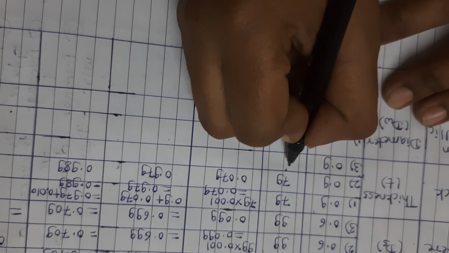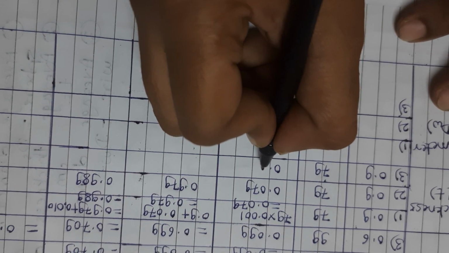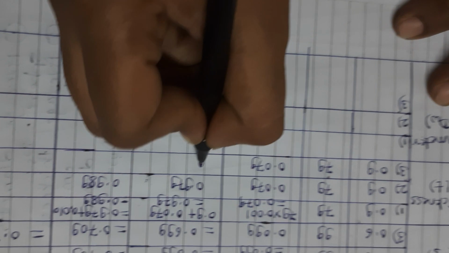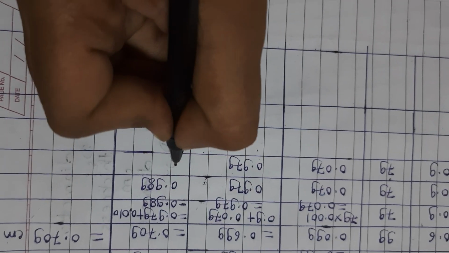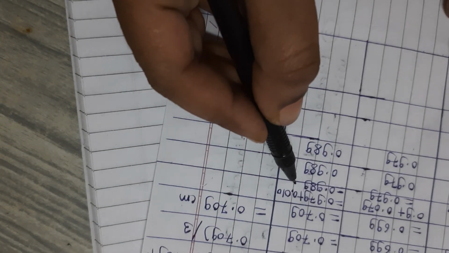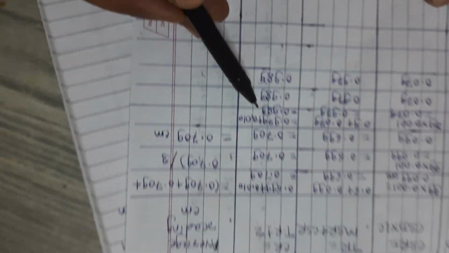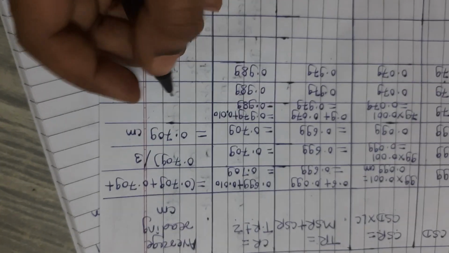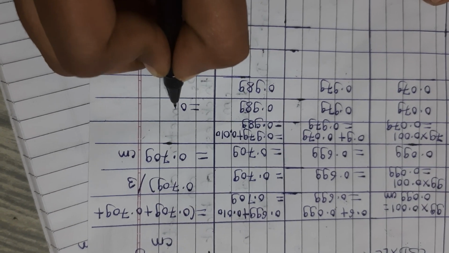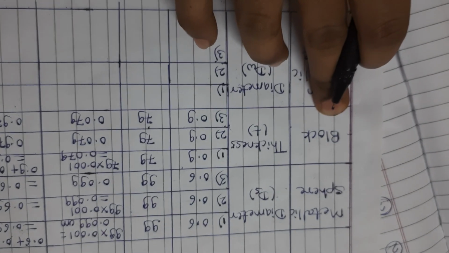And again for the third time 0.9, CSD is 79, correct reading is the same. All these three readings are the same. Therefore when we find the average of these three readings, we get the same value, 0.989. This is the thickness of this wooden block.